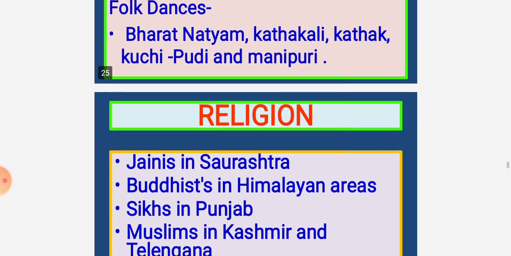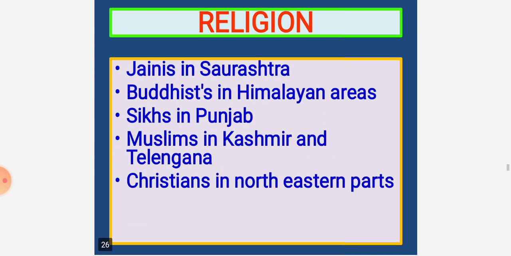Next one, religion. Religion is an important aspect of Indian people. Indian people are religious minded. Jains in Saurashtra, Buddhists in Himalayan areas, Sikhs in Punjab, Muslims in Kashmir and Telangana, and Christians in northeastern parts.